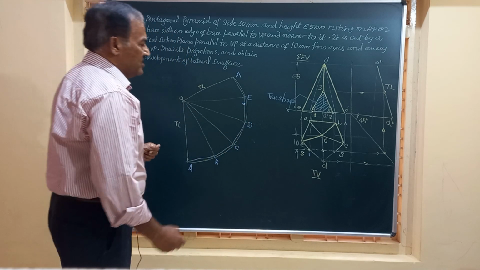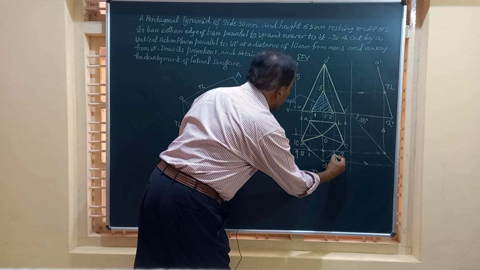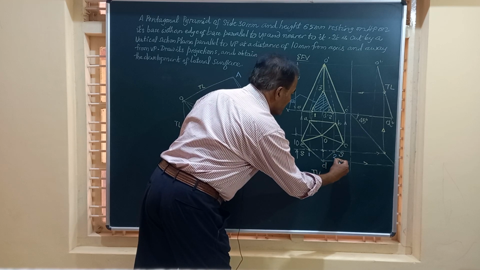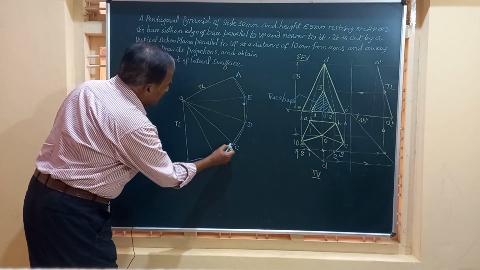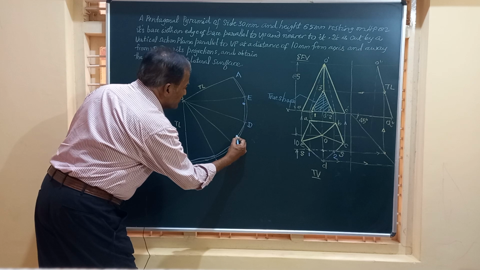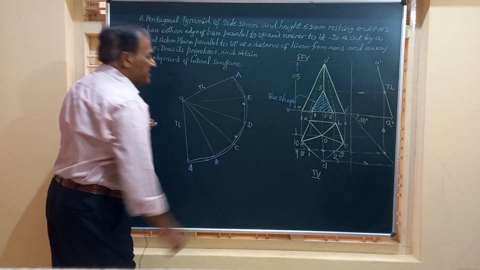That is one point. On the same lines, point 2 is on CD nearer to C. So the same distance you should mark. So you have marked these two, friends.